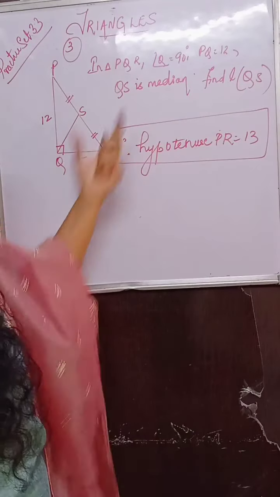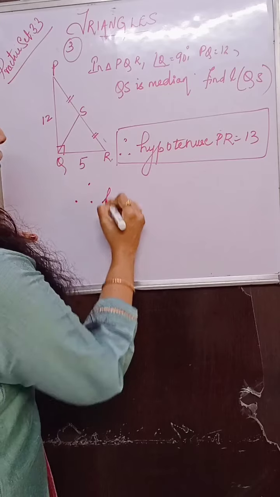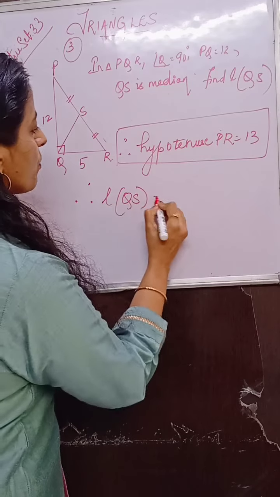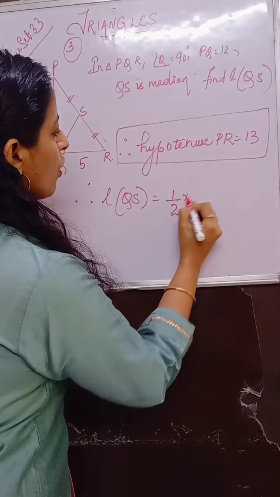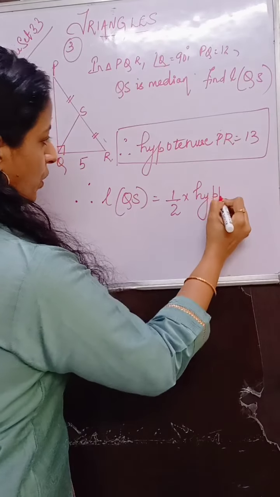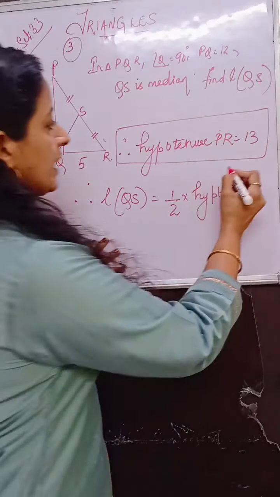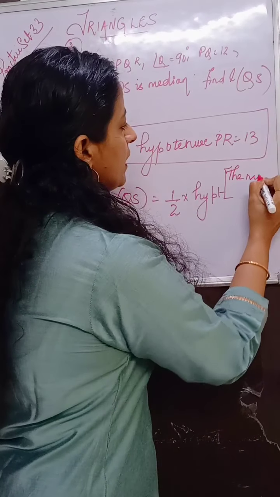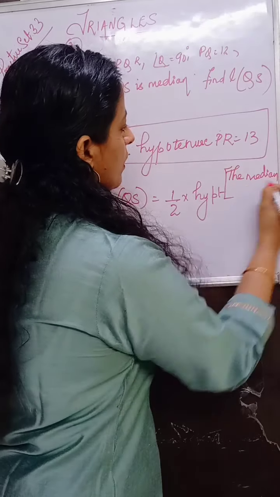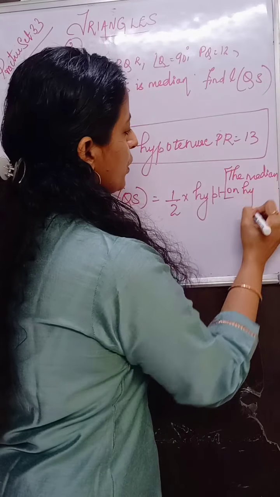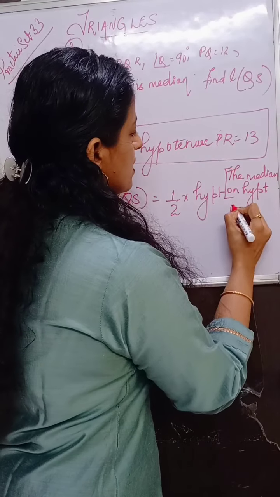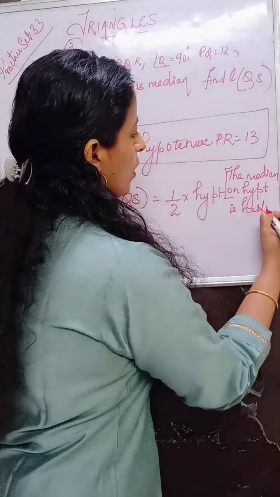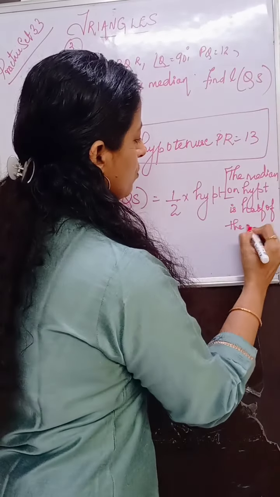QS is the median on hypotenuse. Therefore, length of QS is equal to half of hypotenuse. Very important to write the property. Then in the bracket mention the property. The median on hypotenuse is half of the hypotenuse.